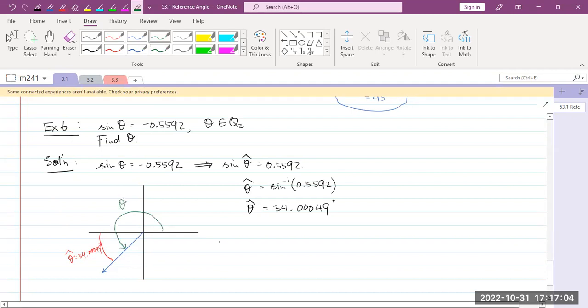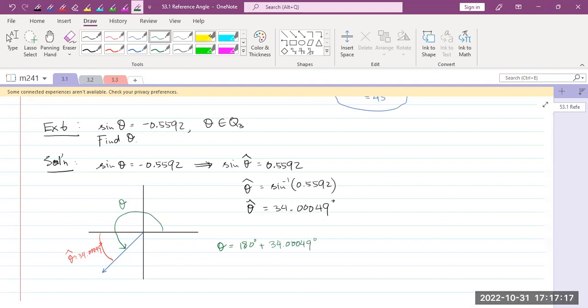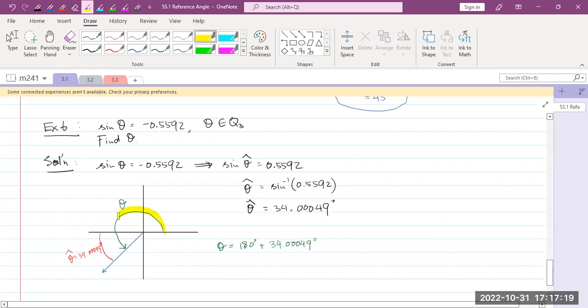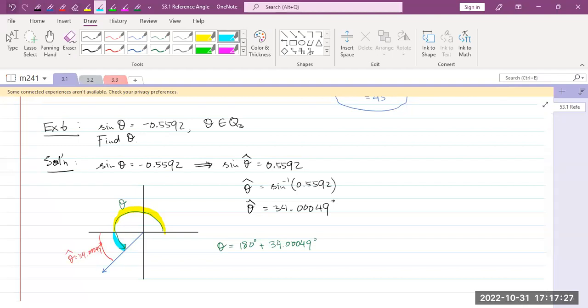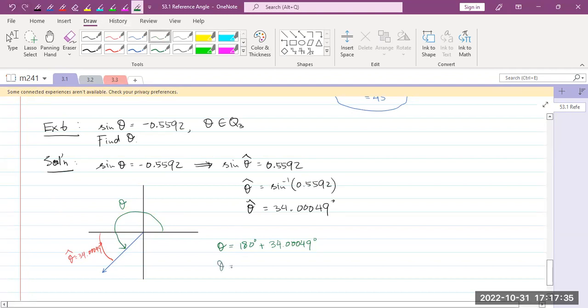Now the angle theta, therefore, must be 180 degrees plus that 34 something. The angle theta is this guy here, which is 180 degrees plus this theta hat. That's our theta. So theta equals to 214.00049 degrees.